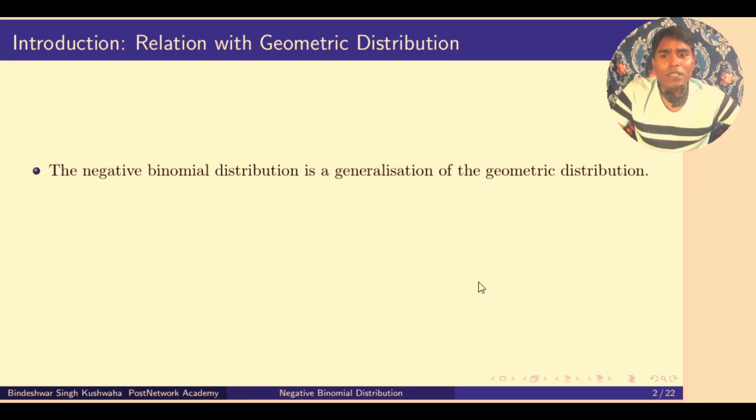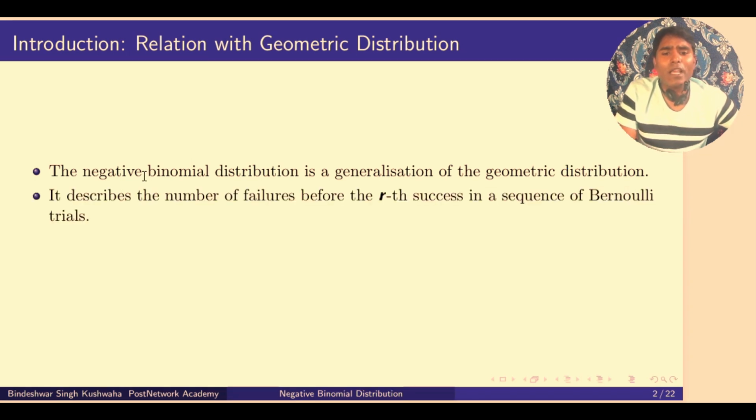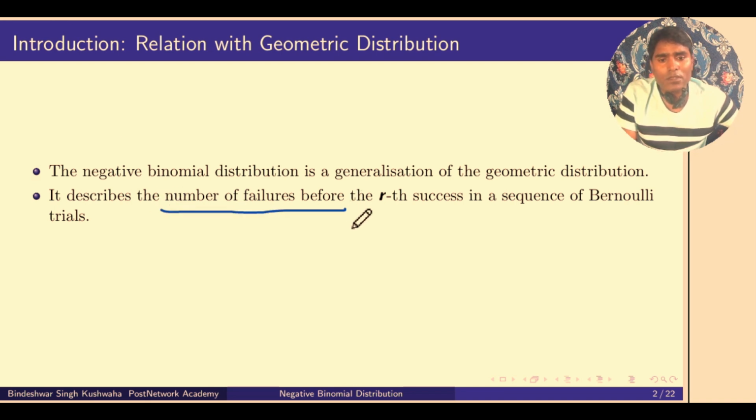So basically the negative binomial distribution is a generalization of the geometric distribution, and I have also made a video on the geometric distribution. It describes the number of failures before the rth success in a sequence of Bernoulli trials.